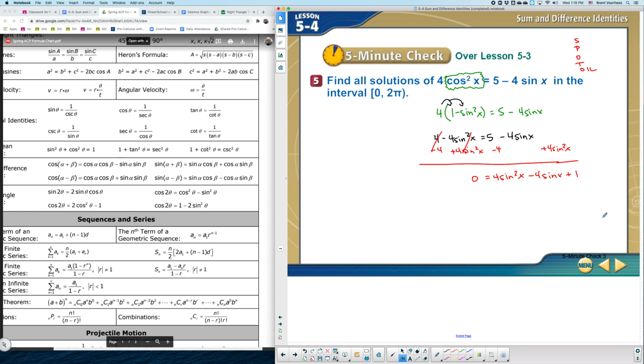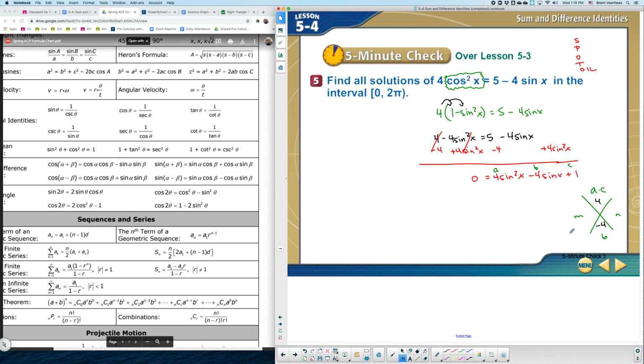And I will do the x method here. A times c, where my a is 4, my b is negative 4, my c is 1. And we're going to try to find two numbers that will multiply to be 4, but when added equal negative 4.